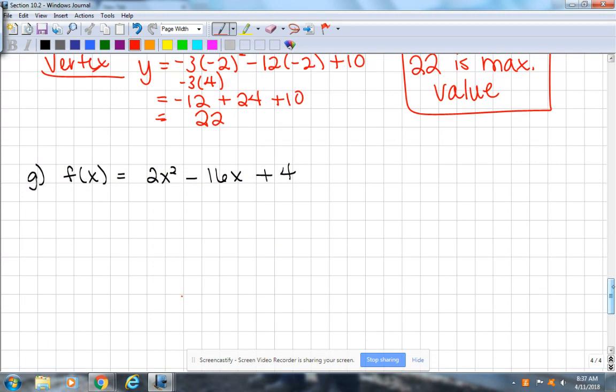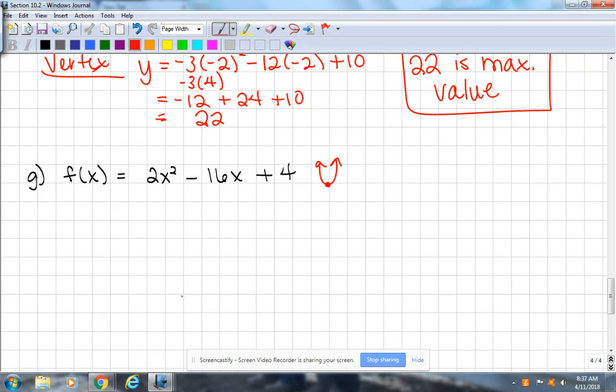All right. I'm not going to make you do all of this, but I'm going to talk about it for just a second. This equation, we're talking about this one. Is it going to be a U-shaped parabola or an upside-down U-shaped parabola? Yes, the 2 is positive. It's a U-shaped parabola. So the vertex is where?